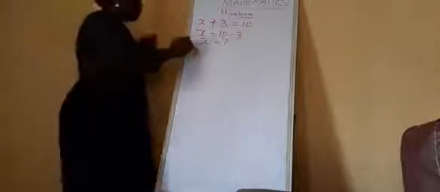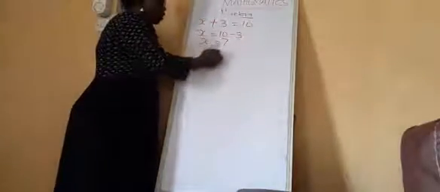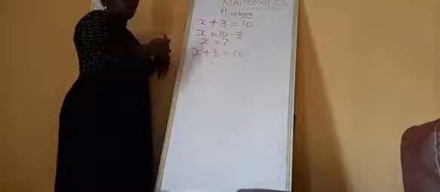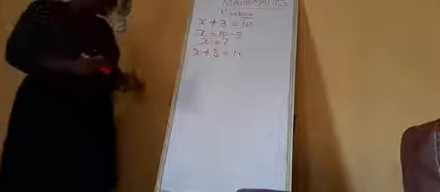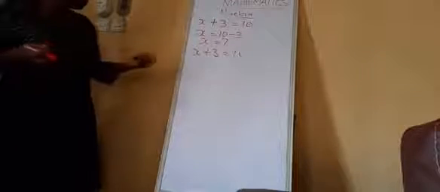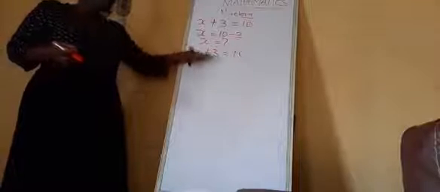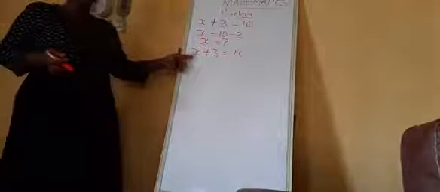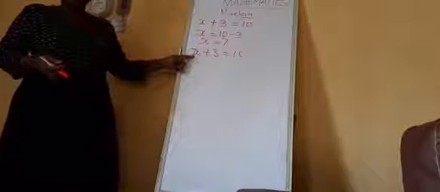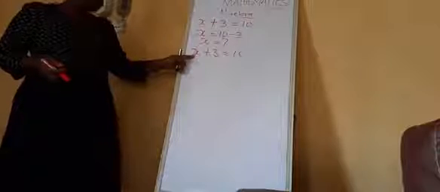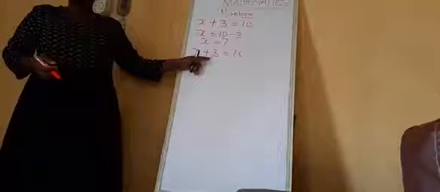And if you know that you cannot use this method, when you have the equation like this, x plus 3 is equal to 10, what you're supposed to ask yourself is, what am I going to do to get the value for x? Now, you need to get rid of this.